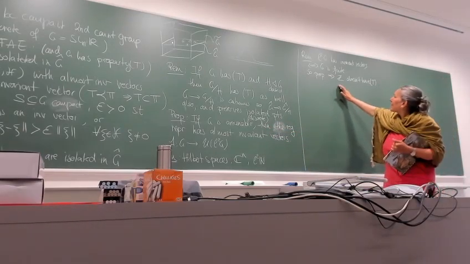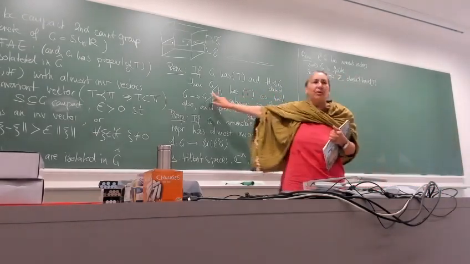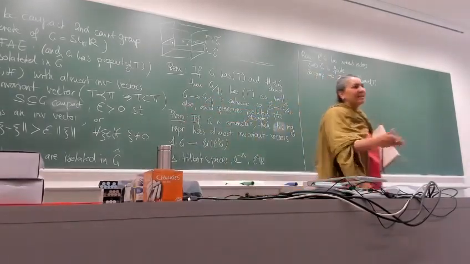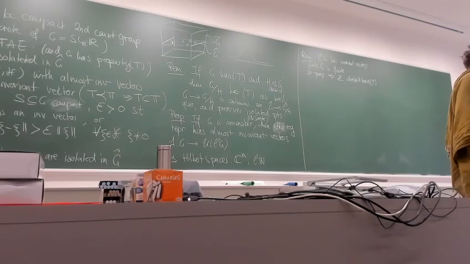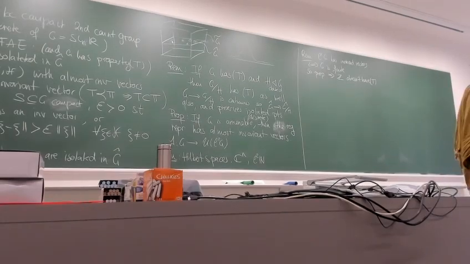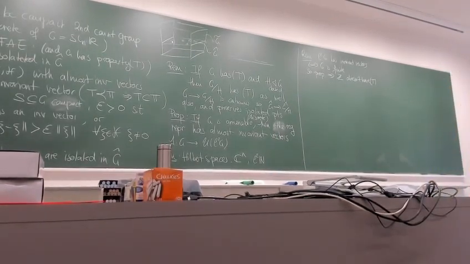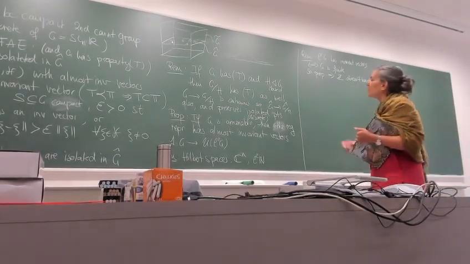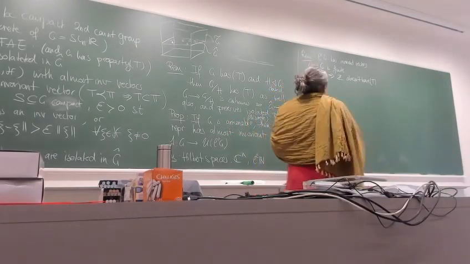So Z doesn't have property T, so each time you have a Z quotient, you can't have property T. So if you want to know whether your favorite group has property T, and it has an infinite abelianization, that's it. If you surject onto an abelian group, you're done. You don't have property T.